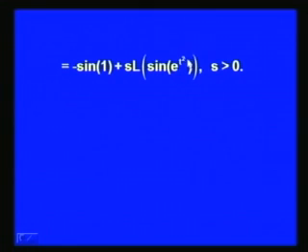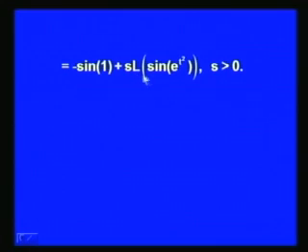So, we will get the right hand side as minus sin 1 plus s times the Laplace transform of sin e to the power t square whenever s is greater than 0. Sin of e to the power t square being a bounded function, its mod is less than or equal to 1. So, it is of exponential order and it is a continuous function for all t greater than or equal to 0. So, it is piecewise continuous for all t greater than or equal to 0, and therefore, it satisfies all the conditions of the existence theorem.